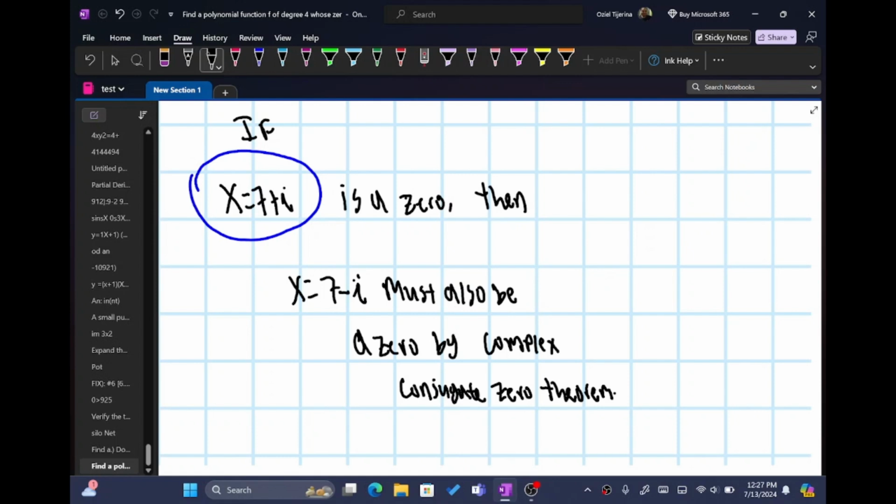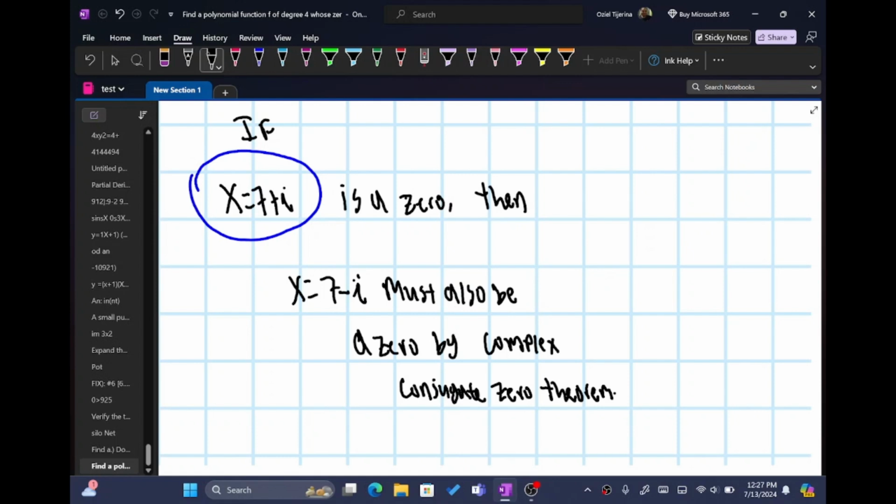Anytime you have a complex zero, that automatically means the conjugate is also a zero. You wouldn't say that 7 plus i, x equals 6, and x equals negative 6 are the only zeros.